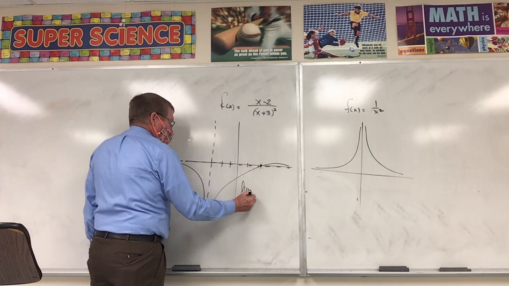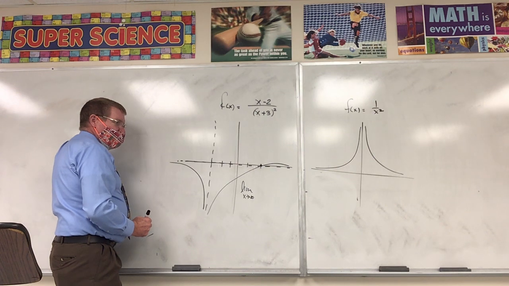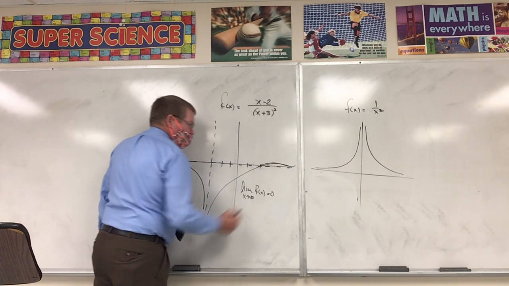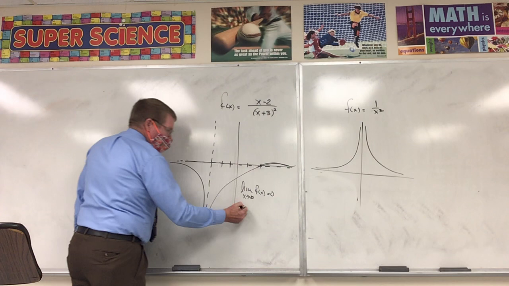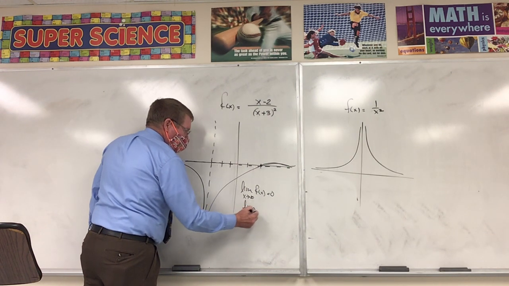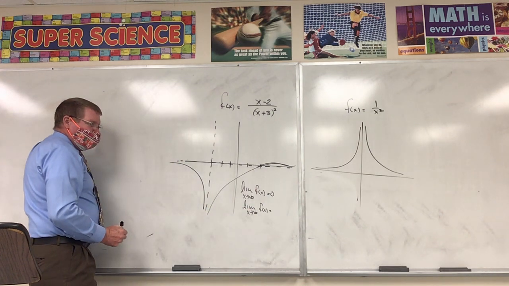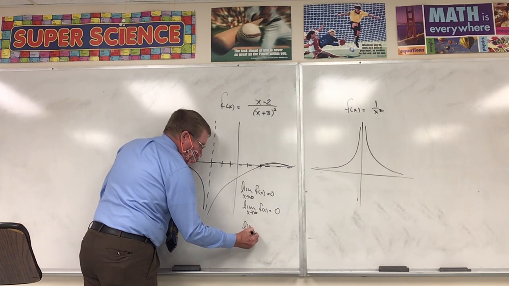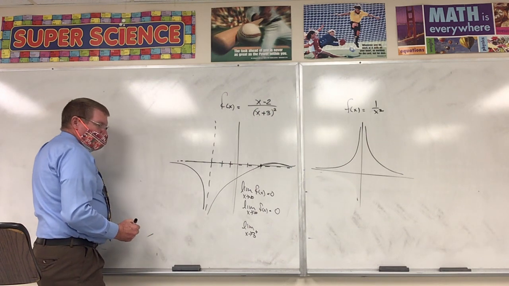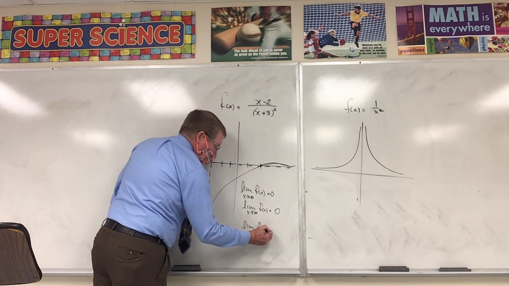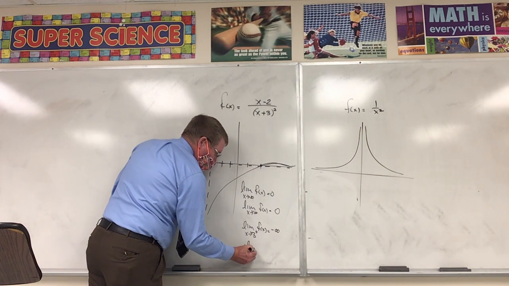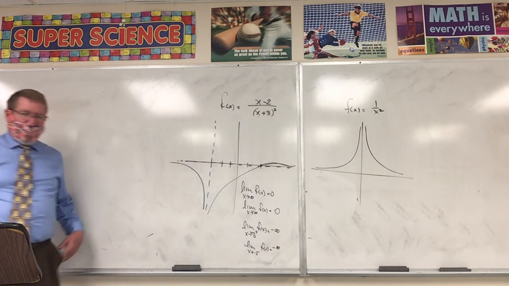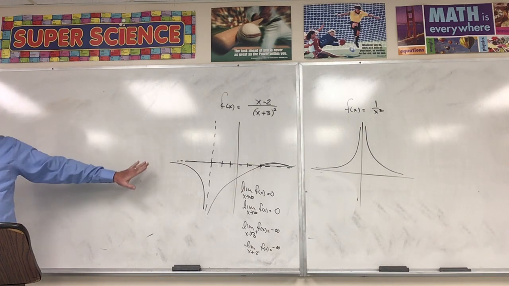The limit as x approaches infinity is 0 because it comes back down and stays along the asymptote, and the limit as x approaches negative infinity is 0, and the limit as x approaches negative 3 from the positive side, negative infinity, and the limit as x approaches negative 3 from the negative side, negative infinity.